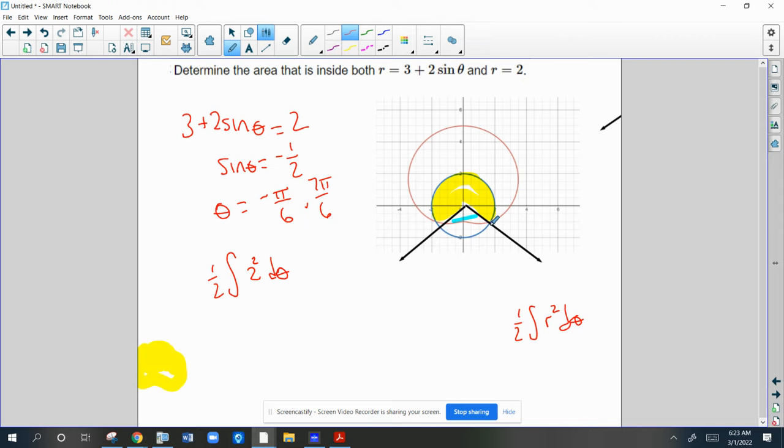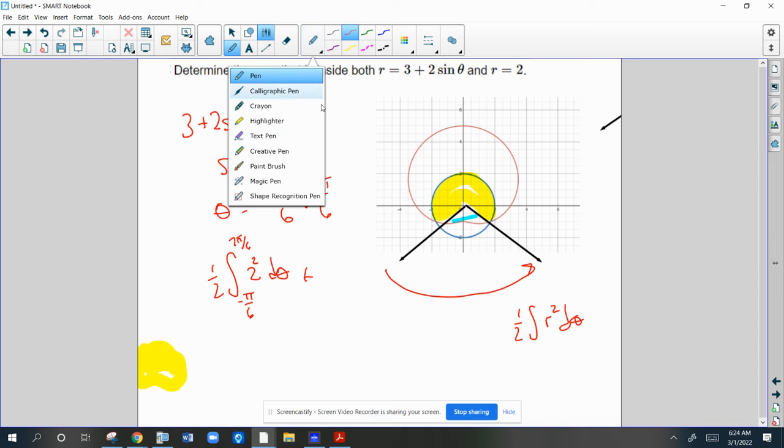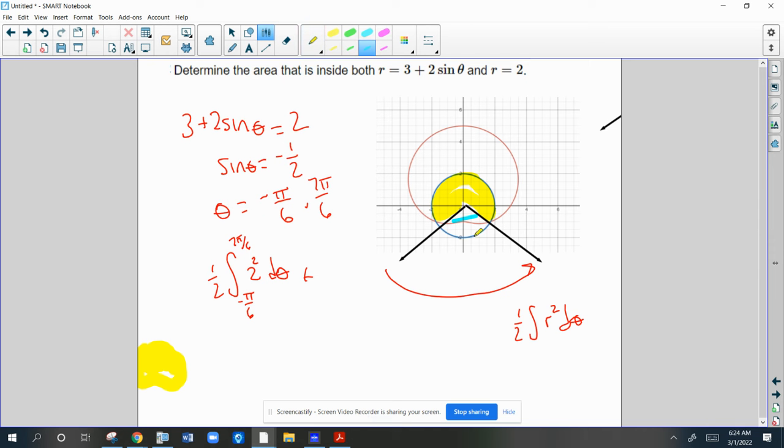But remember, here, from negative pi over 6 to 7 pi over 6. And then we're going to add to it from here to here. So I'm just going to keep going with this. And you can change up the limits as long as it works out right. But I'm just going to keep going.